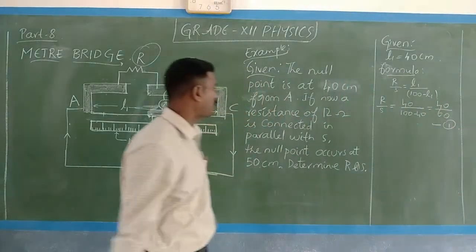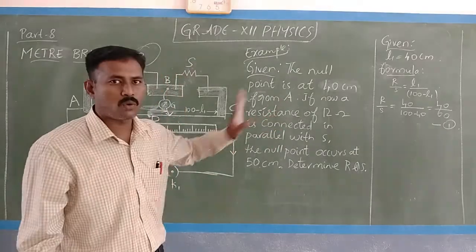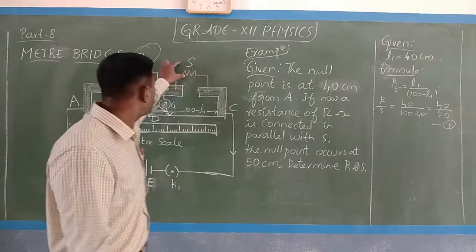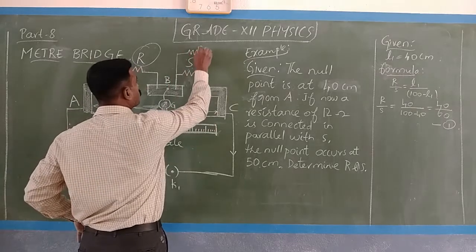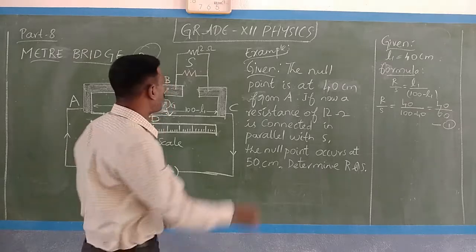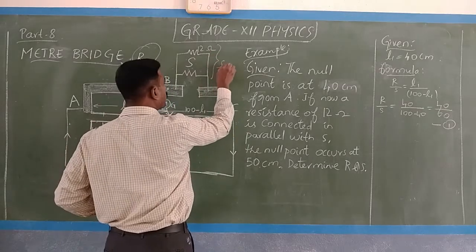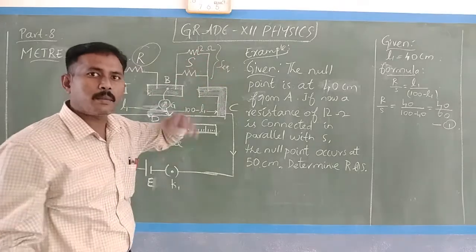Now what is happening here is, if a resistance of 12 ohm is connected, its equivalent resistance will change, it will have an equivalent resistance of S equivalent. So S and 12 ohm are in parallel.